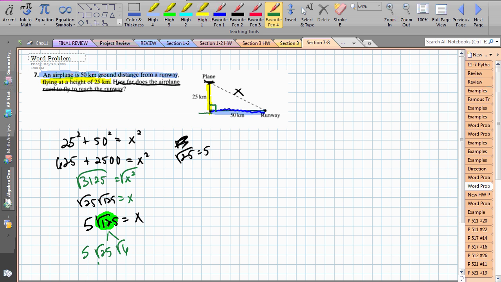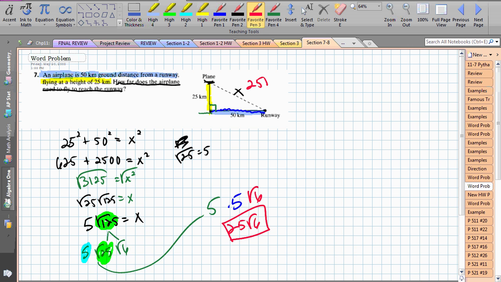So in this case, what do I have? I have 5. That's this 5 right there. I have another 5 right there. That's the square root of 25. And then the square root of 6 can't be simplified. So that's 25 radical 6 is the answer to that distance right there.